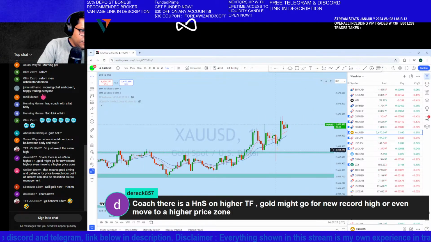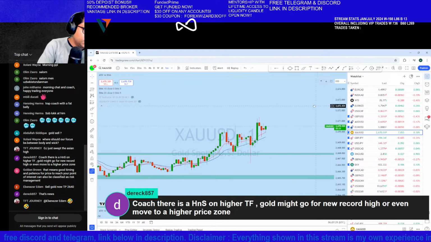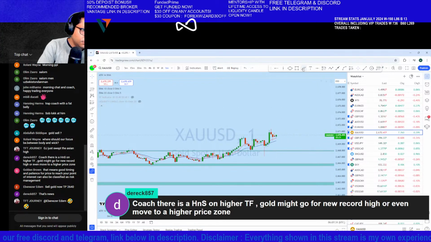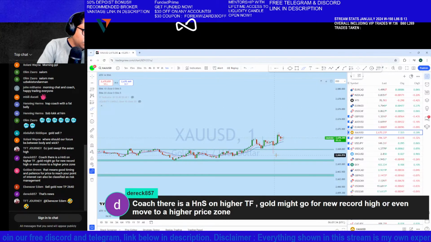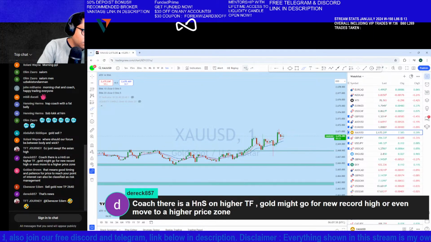So we can see that the 1 minute is bullish in that area, and with that bullish we see a long wick rejection. The market is forming a series of higher highs and higher lows.